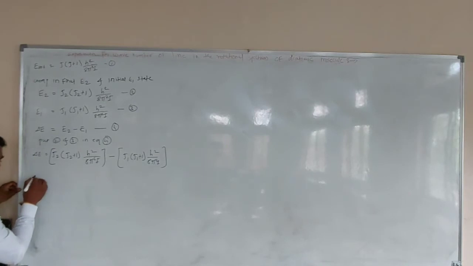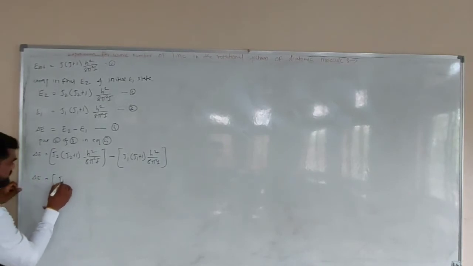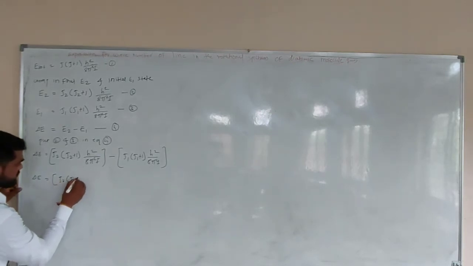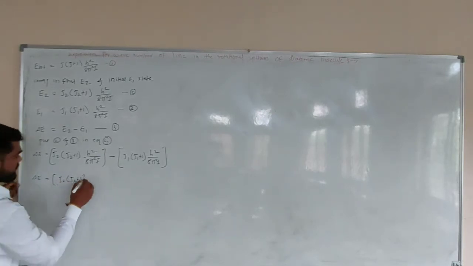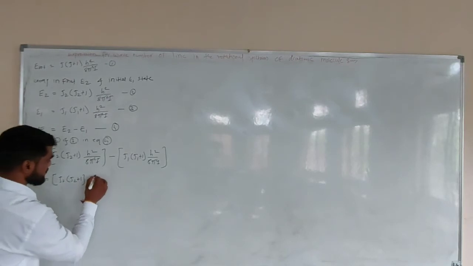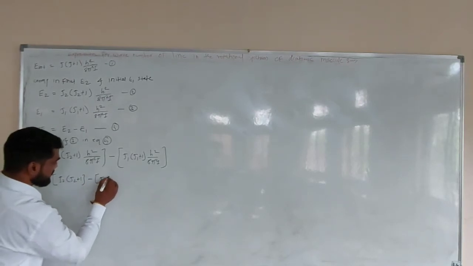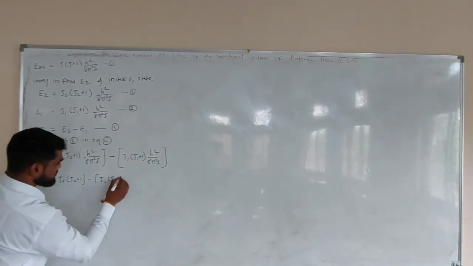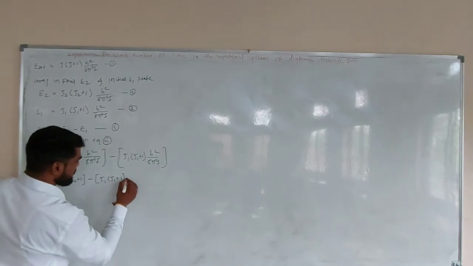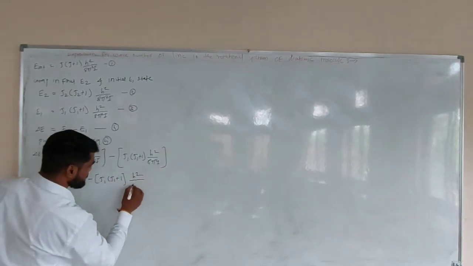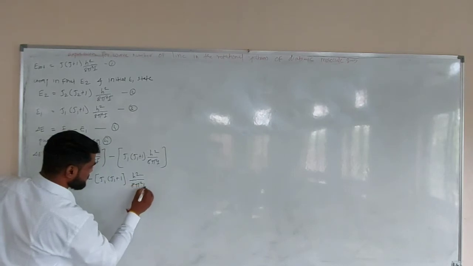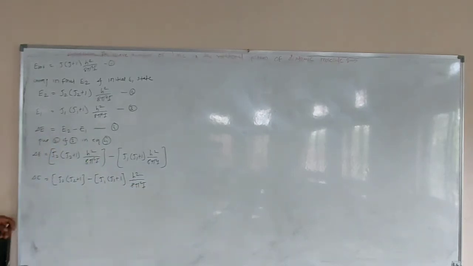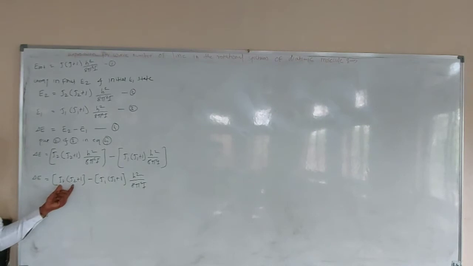That is, delta E is equal to J2 into J2 plus 1 minus, inside the bracket, J1 into J1 plus 1, into the common term h square upon 8 pi square I. Now multiply each term inside the bracket.